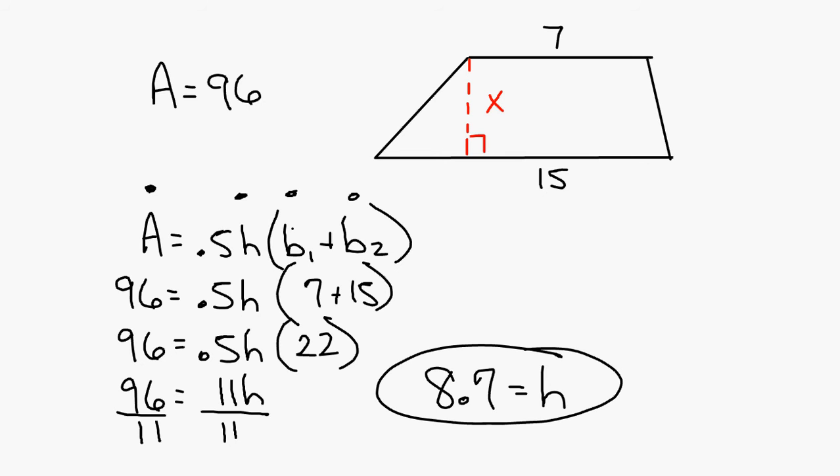So, the next thing in this section is the area of a rhombus or a kite on page 791.